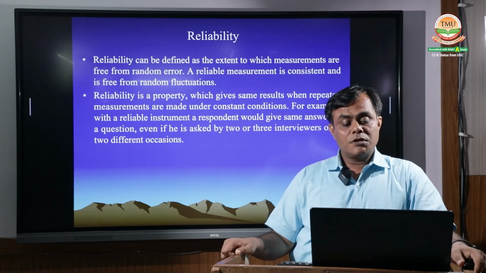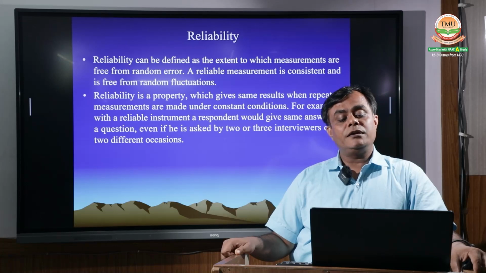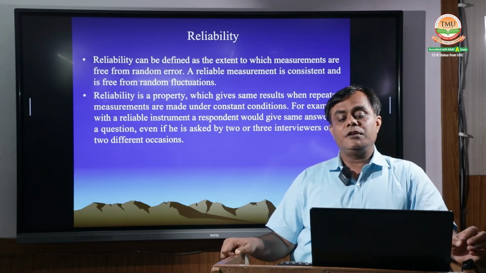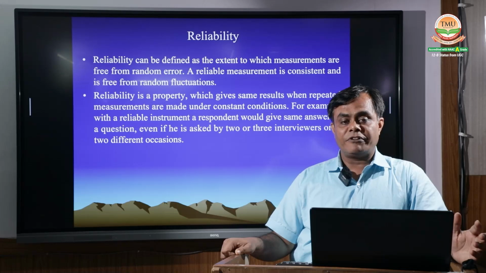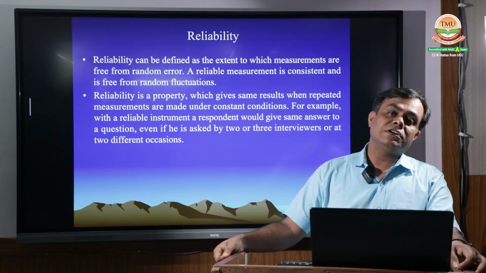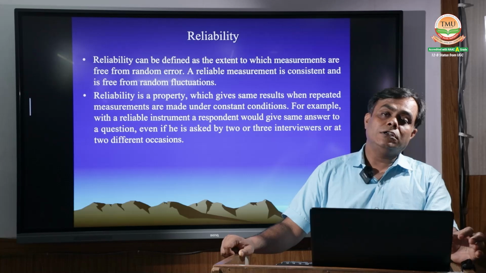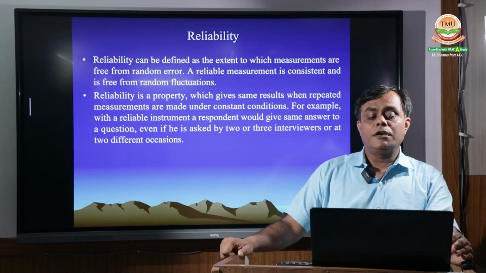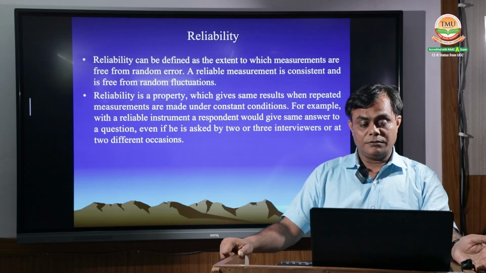So simply, reliability is the type of measurement that finds the same result under constant conditions. If the condition is constant and on the basis of constant conditions we find the same result, that is called reliability.